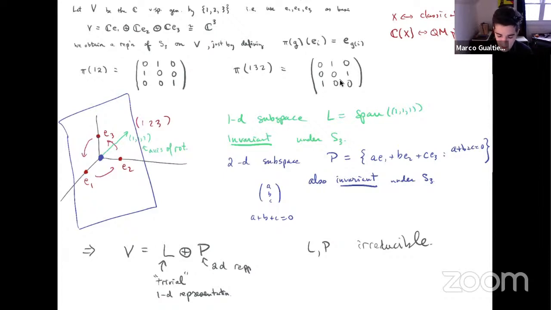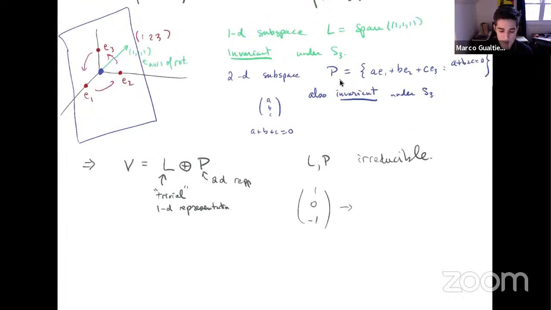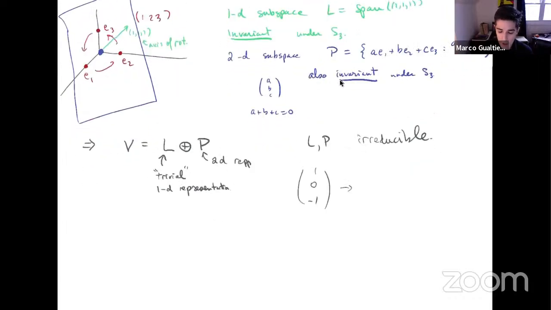You could just write down any vector at all. Let's say you put 1, 0, -1. And so this is an element inside P, right? And if I do the 1, 2, 3 rotation to it, this will be sent by 1, 2, 3 to, let's say, -1, 1, 0.